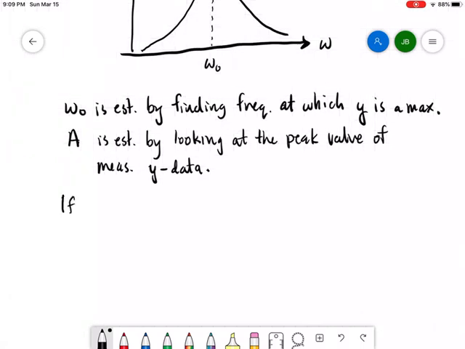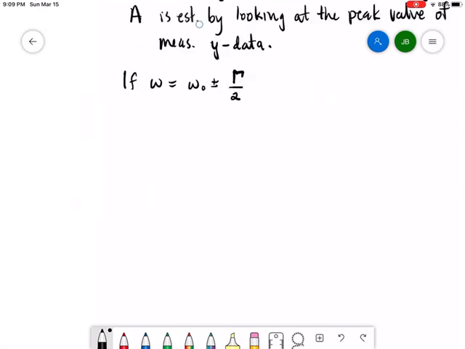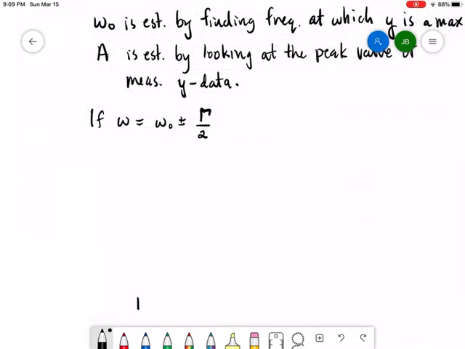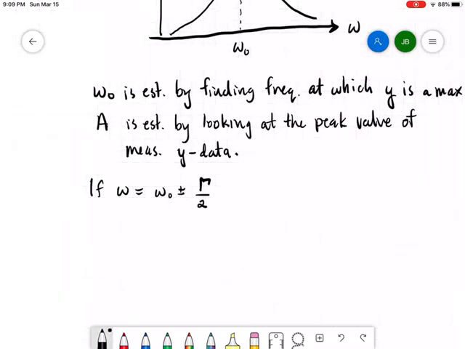If omega is equal to omega naught plus or minus gamma over 2, then y is equal to A over root 2.